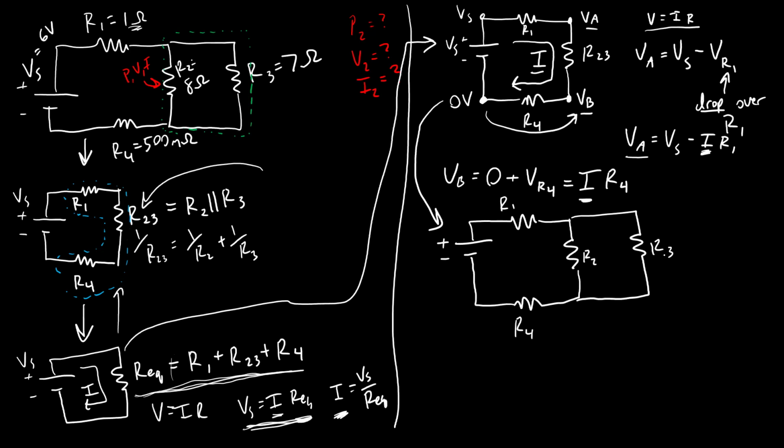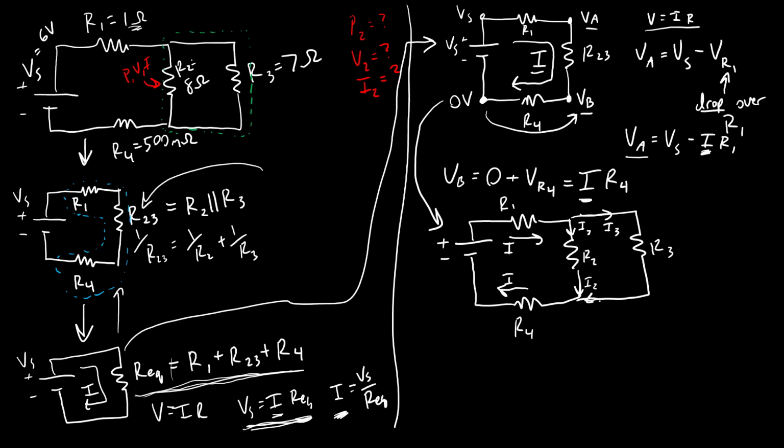And you'll notice what I don't know anymore is the current through R2 and R3. So here, when I had merged those into a single resistor, I knew that the current through all of these had to be the same. So here, that current through R1 and R4 still has to be I, because that's going around the loop. But then here it splits. Remember Kirchhoff's current law. This is going to split. I'll call that I2 and I3.